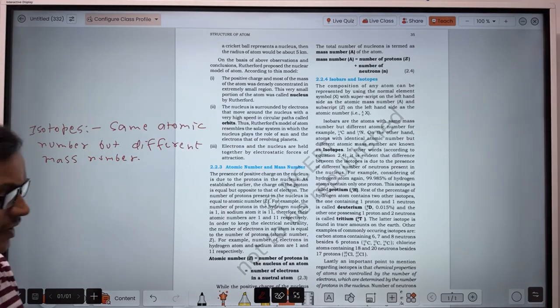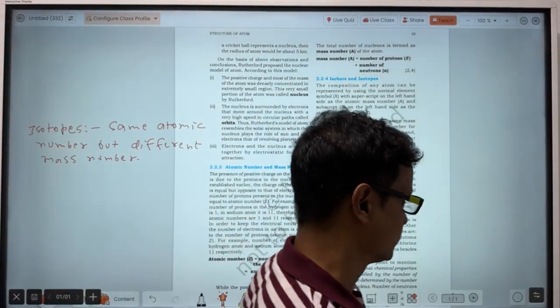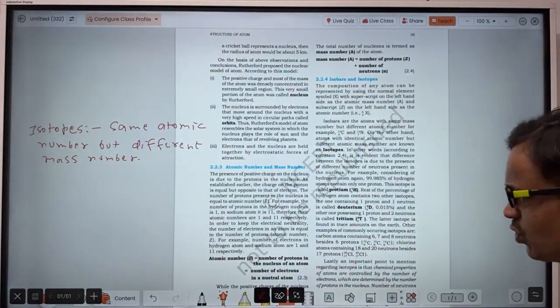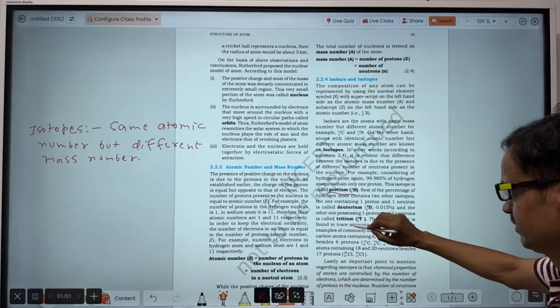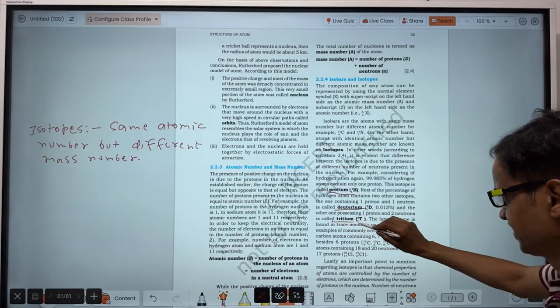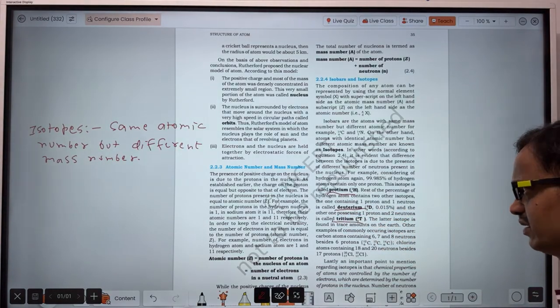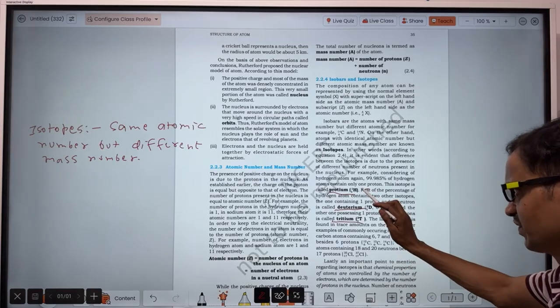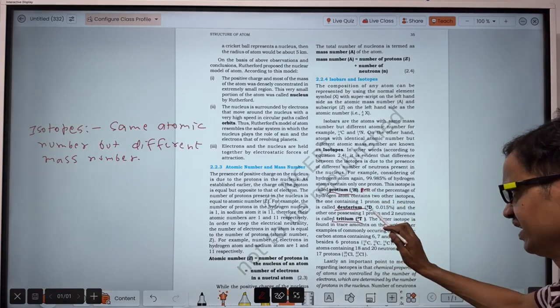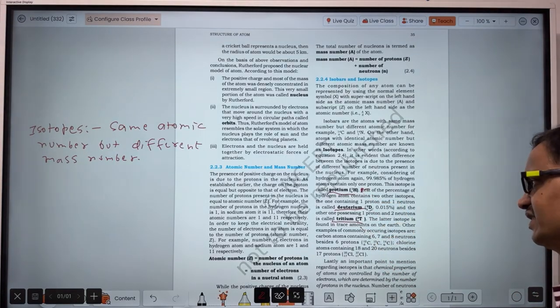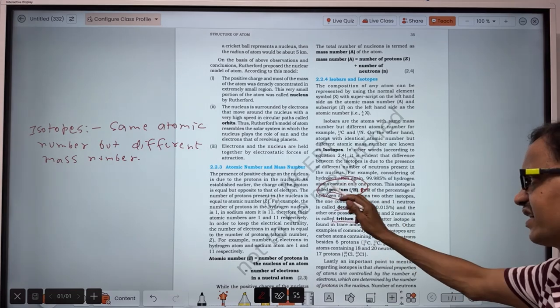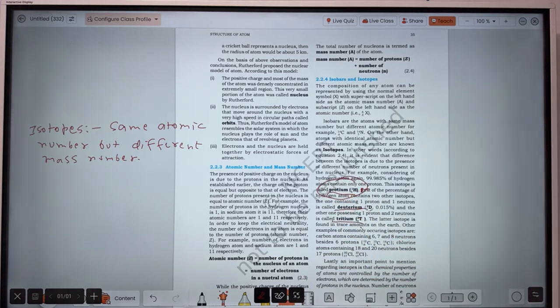Like that, hydrogen exists in three isotopic forms, that is protium, deuterium and tritium. Protium, H-1, we consider because its abundance is maximum, 99.99% is protium.